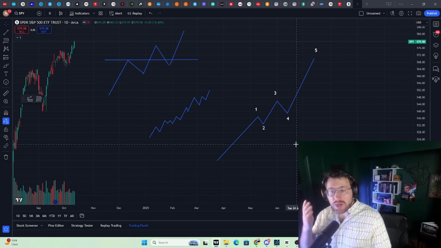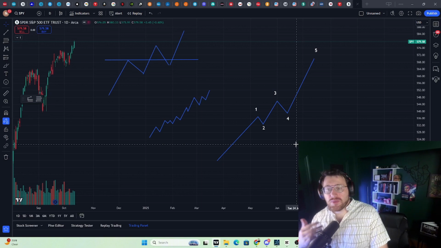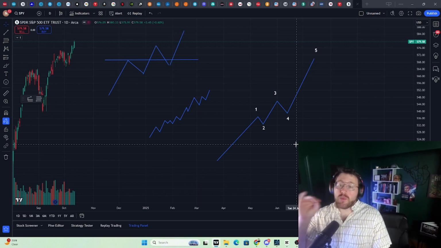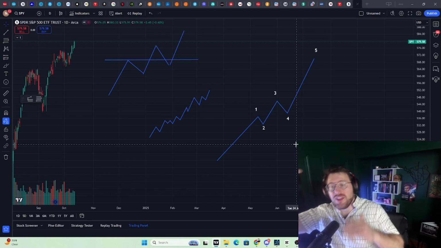And it's really important to get your wave 3s correct, because if you can properly identify a wave 3 before it forms, or even better, if you can identify a wave 3 within a wave 3, those are often the biggest moves.